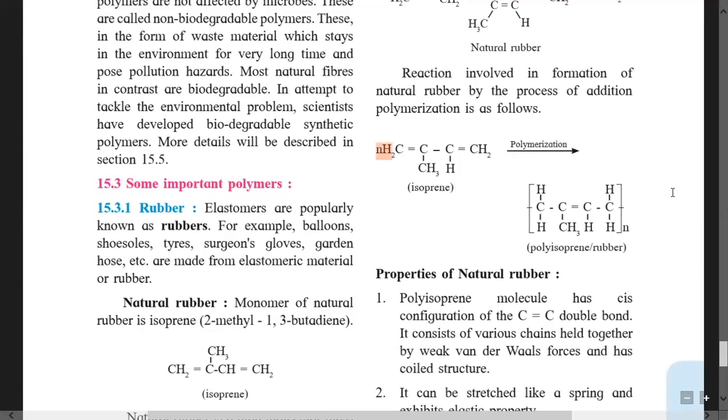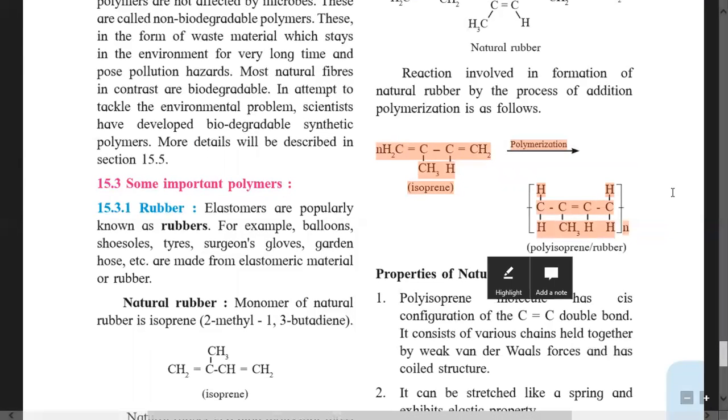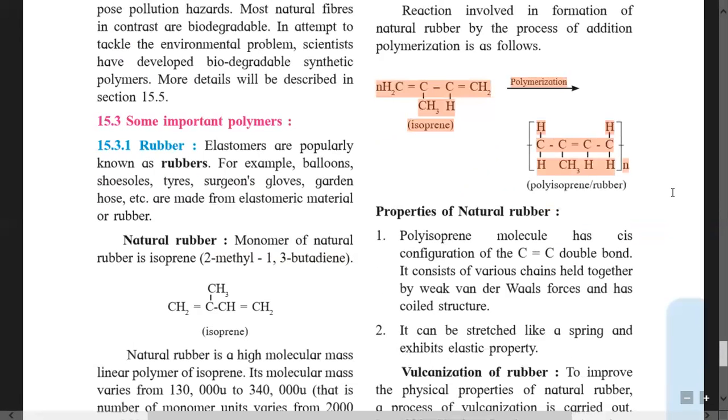These are n molecules of isoprene, that is 2-methyl-1,3-butadiene, which on polymerization give polyisoprene or rubber. During the polymerization, the double bond position changes. Double bond becomes single bond and single bond becomes double bond in this alkene chain. So this is a polyisoprene unit that is called natural rubber.